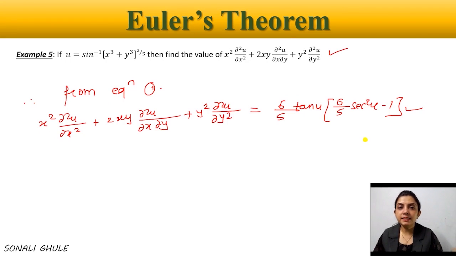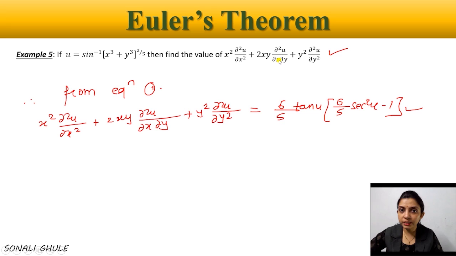This is how we solve these examples using Euler's theorem. You have to check whether your function u is homogeneous or f of u is homogeneous. Only then can you decide which formula to use.